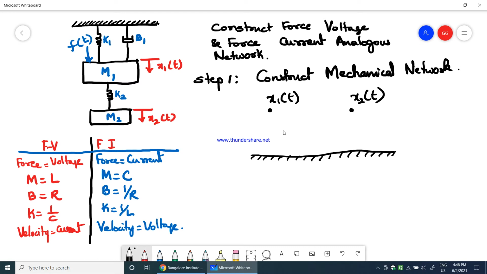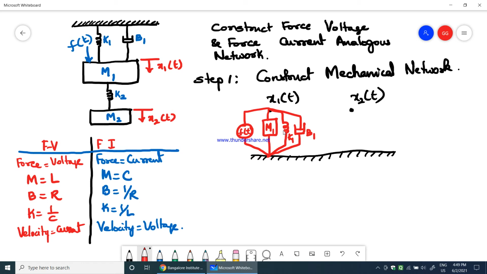Mass M1 is connected to x1 of t, where the force is applied to M1, therefore force F of t comes here. Then we have K1 and B1 connected between M1 and the ground, on the wall. So K1 and B1 are both connected here.